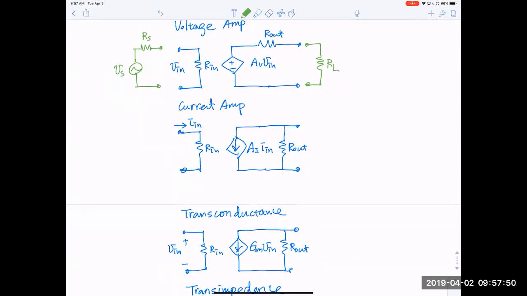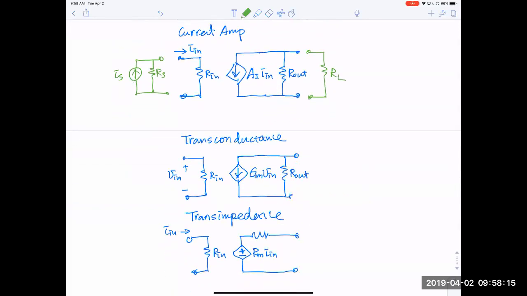If it is a current source, we typically reduce the source into a Norton equivalent circuit. So this will be how we represent the source. Here will be RS, and this will be IS. And for the output, let's assume we are just driving a load resistor, so it is the same.